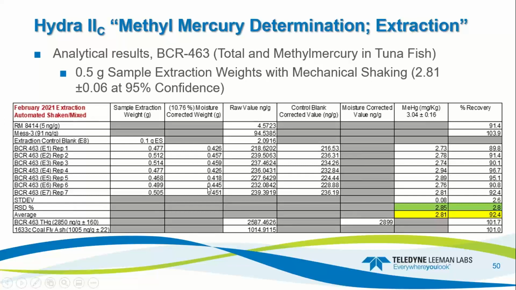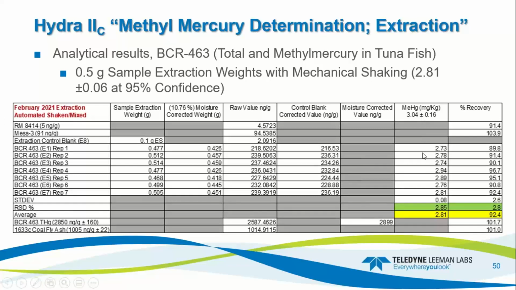So this is a moisture corrected weight into the system, raw values, and then I ran a control blank through the system. So I subtracted the control blank from the raw value. I ran multiple control blanks to ensure that they were relatively close, and they were almost on top of each other. So that's a corrected value.